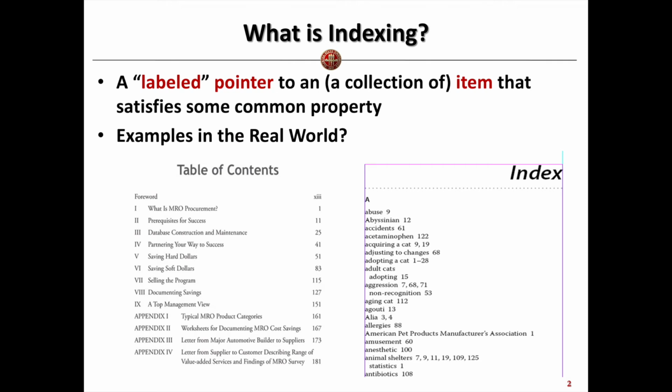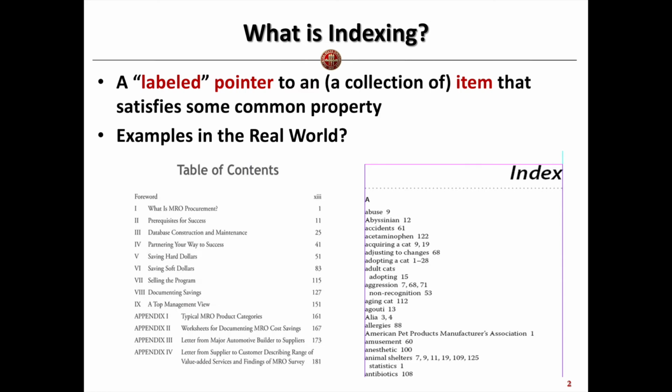Then what is indexing? Indexing is a label pointer pointing to some items that satisfy some properties or some common properties. We see different indexing in the real world. Like if you open a textbook, we can find different indexing tables. At the front pages, we have a table of contents, right? It provides the indexing actually.